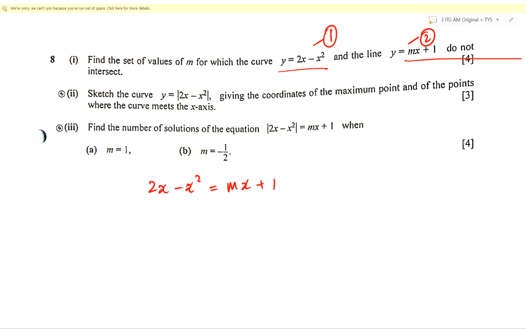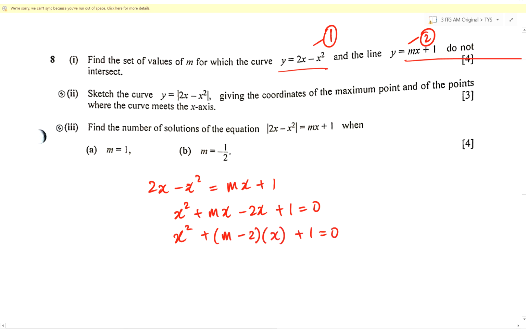That's how we solve quadratic equations if we do not know whether they can be factorized or not. x squared plus mx minus 2x plus 1 is 0. Group your x terms together. Now I've written it in the form ax squared plus bx plus c equals 0.